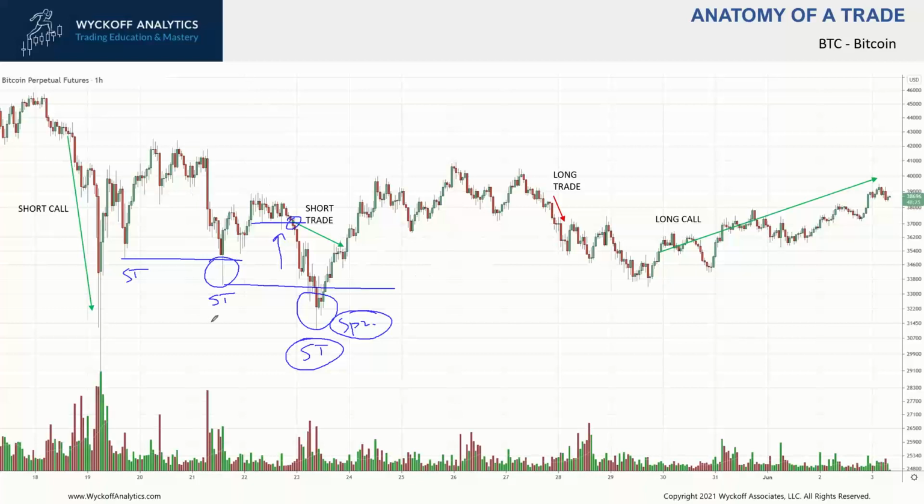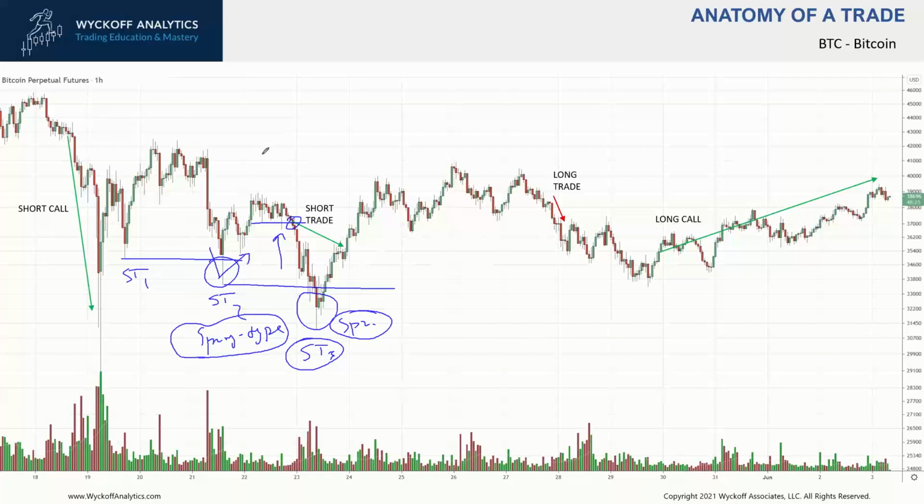So, for instance, this second test. We have 3 tests here. The second test is a spring type test. So we're not saying that this is a spring. We're saying that this is a spring type, meaning that the price goes down, tries to temporarily commit, is unable to do so, and then recovers.